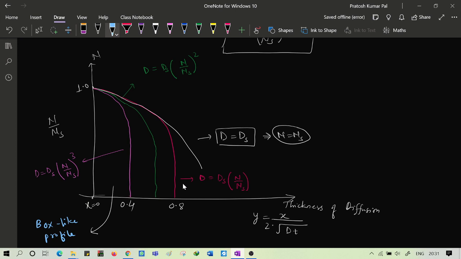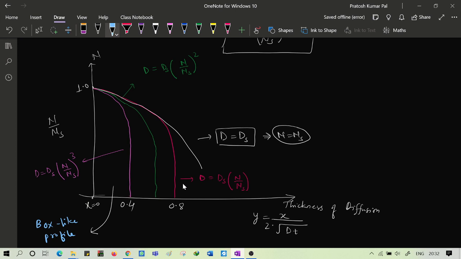If the dopant concentration reduces, then the diffusion coefficient value is also going to reduce.